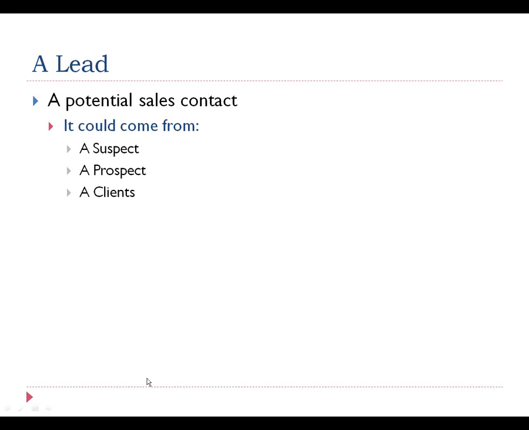Okay, so a lead, that means an inquiry for your products or service, can come from a suspect, it can come from a prospect, it can come from a client, and it can come from a referral partner. And a referral partner is someone with whom you've entered into a partnership, it could be informal or formal.